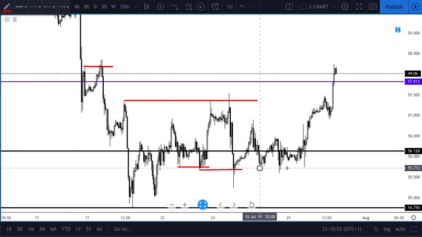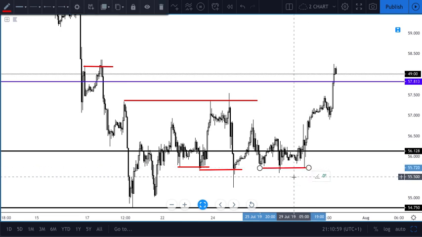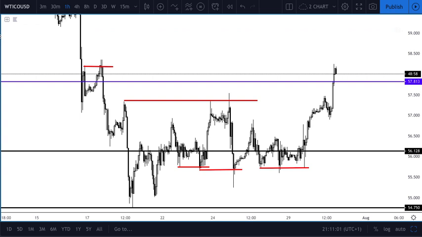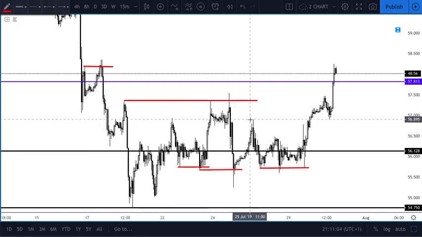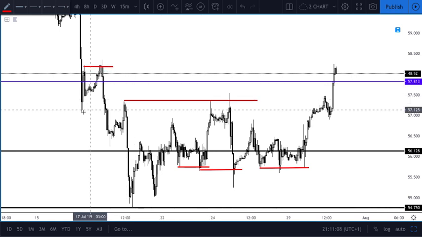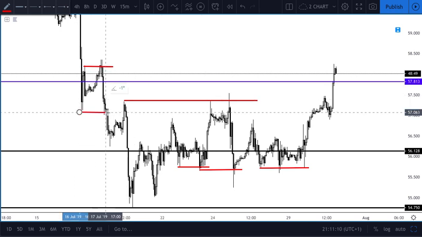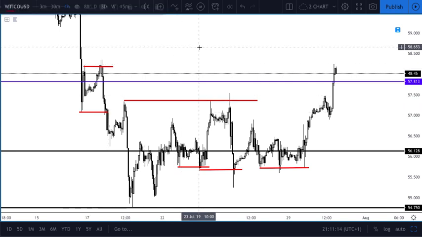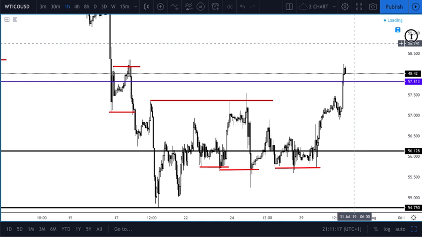You've got another swing here that got closed below, and there was no wick there. So now that you have these identified, obviously this is in hindsight, we're going back on this chart.